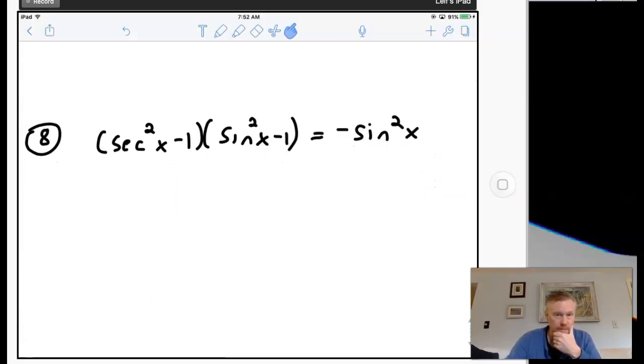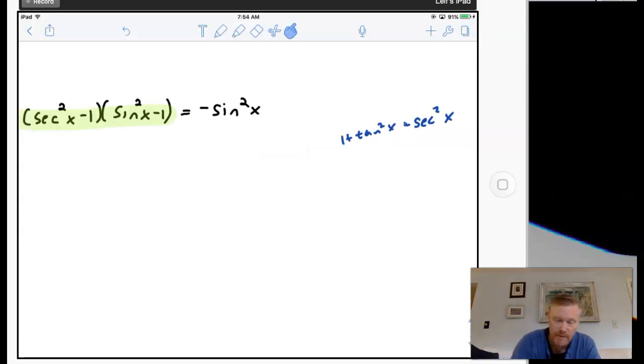All right, number 8. So I'm definitely taking that left side. That looks harder to me, okay? There's more stuff there. And it's also multiplication. Multiplying that together, it shouldn't be too hard. So let's change secant squared here, because I don't think I like the secant squared so much. Okay, so if I go back to my identities, I find this one, all right?